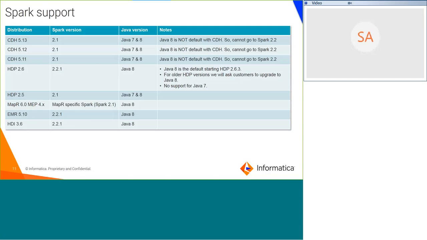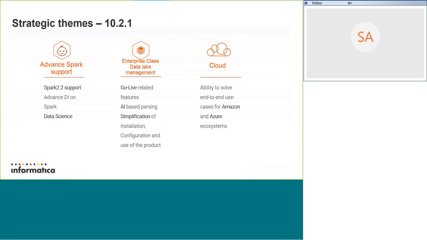So that's an important thing to notice, because for Spark 2.x from 2.2 we need Java 8. So please make sure that your Hadoop cluster is on Java 8 once you upgrade your cluster. Okay.